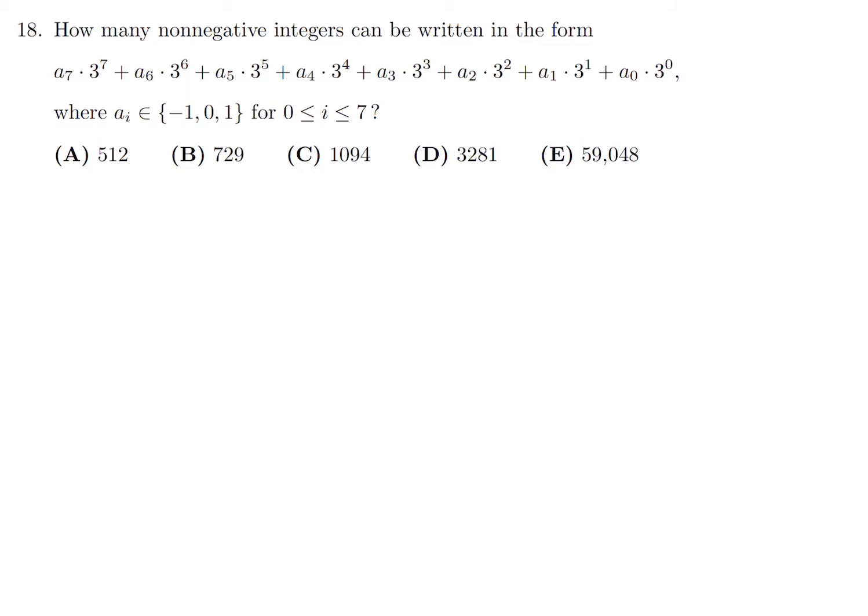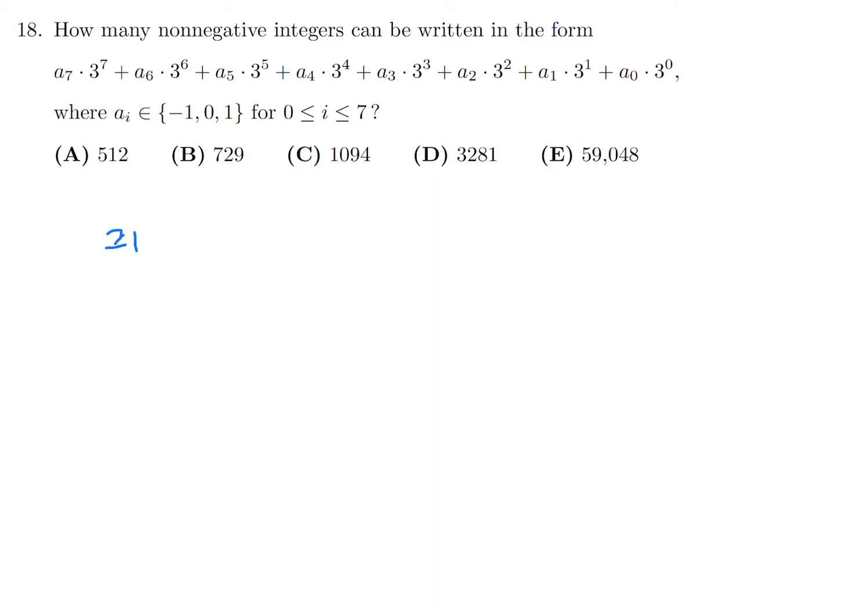How many non-negative integers can be written in the form here, where ai is an element of -1, 0, or 1 for i between 0 and 7 respectively? All right, well, the first thing I want to do is write out these powers of 3.